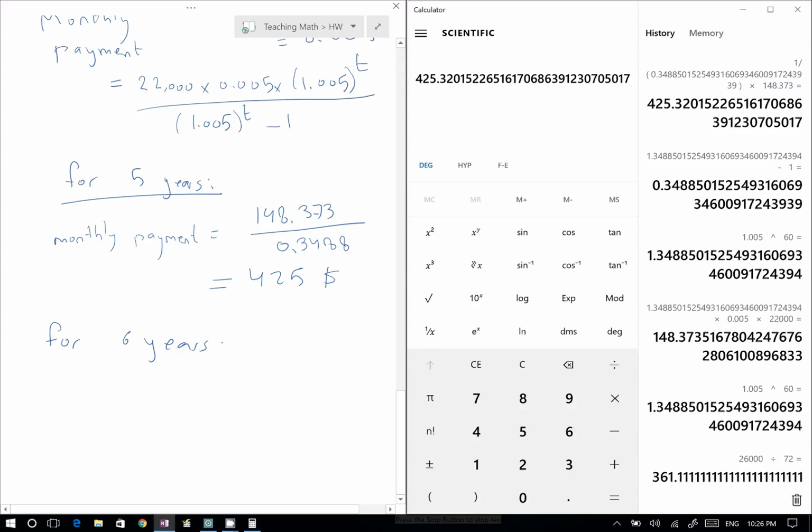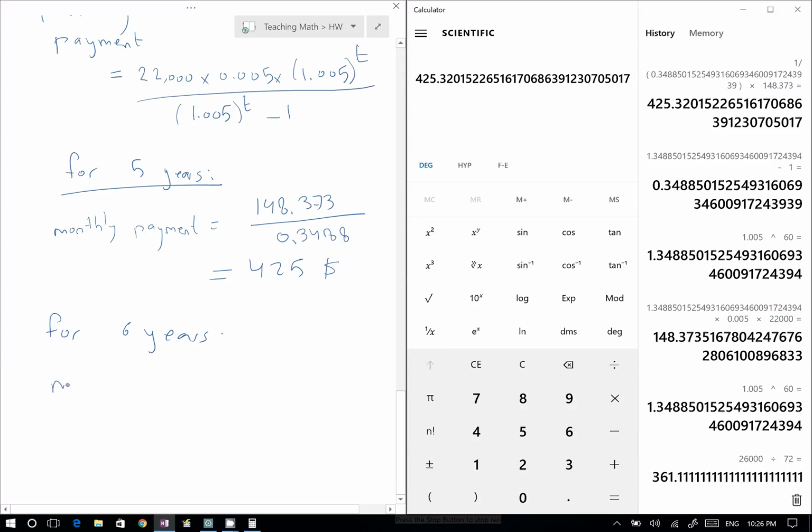For 6 years, evaluate the monthly payment again. I know it's a lengthy problem, but we need to solve it. So same interest, same everything, but T is different.